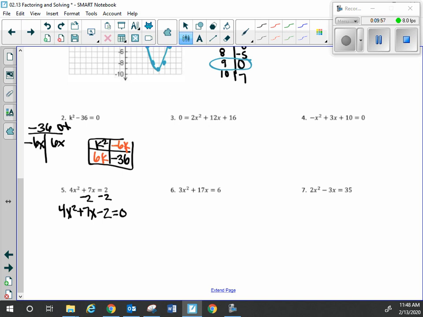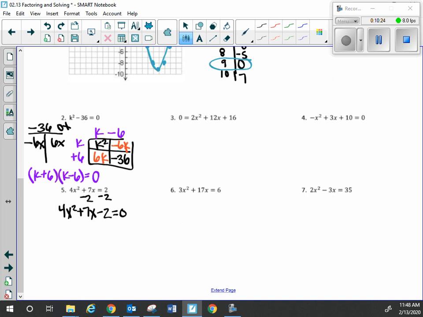What can you pull from those? k, and 6. Plus k. Oh, yeah. Okay, negative 6k and negative 36. And then the left-hand side, k plus 6. So, k plus 6 times k minus 6 equals what? 0.